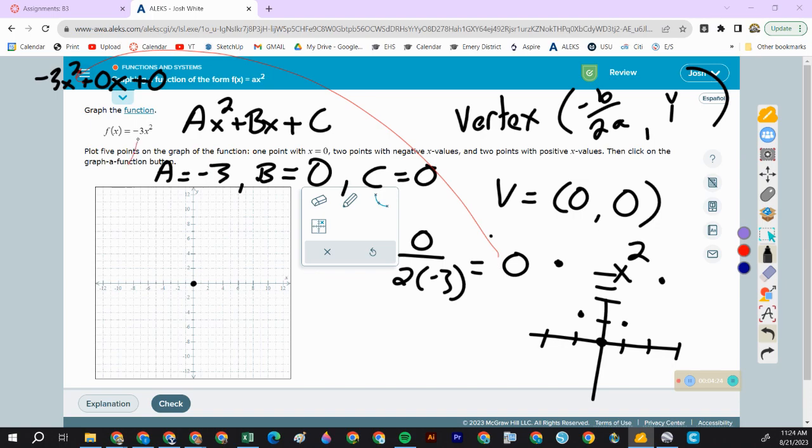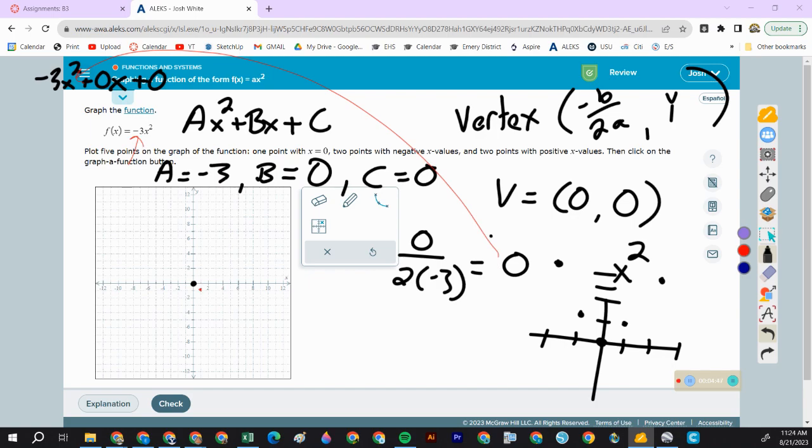What is this negative going to do to my parabola? Flip it upside down. So now it's a frowny face instead of a smiley face. What is the 3 going to do? Triple the height. Or in this case, the drop, right? So normally I would go over 1, down 1.